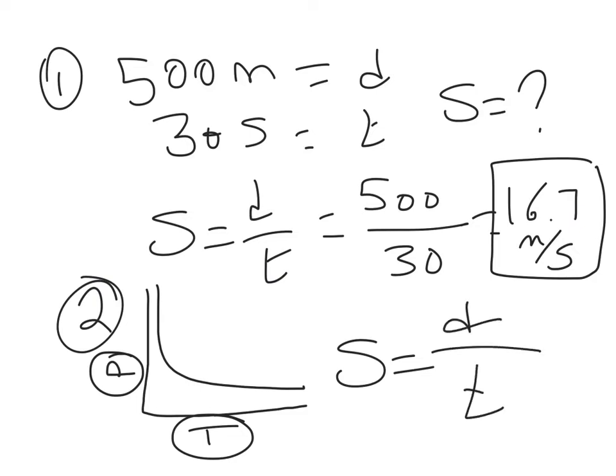So if I'm looking at my formula for speed, we said speed is equal to distance over time. As time gets greater and greater, the distance is getting smaller and smaller. So here's what I would like for you to look at in this situation. Plug in any number you want and compare it to any other number.